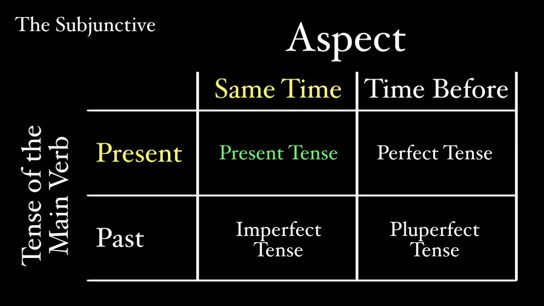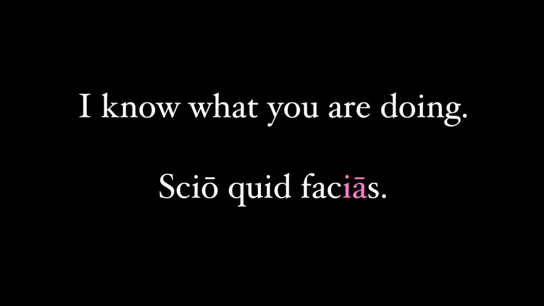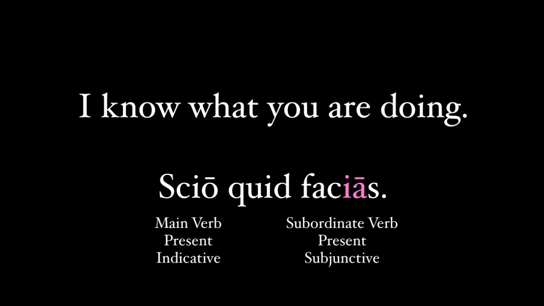So let me illustrate this with an example. In English, you could have an indirect question like, I know what you are doing. In Latin, that is scio quid facias. Scio is our present indicative main verb, and facias is our present subjunctive. By using the present subjunctive for facias, we're showing that the doing and knowing are happening at the same time, contemporaneously.